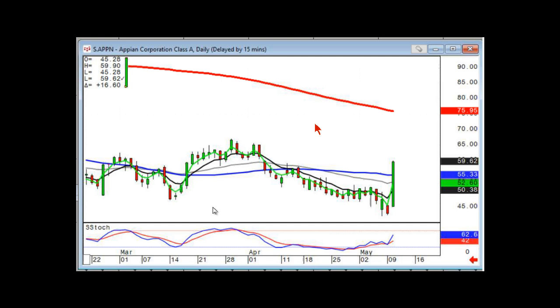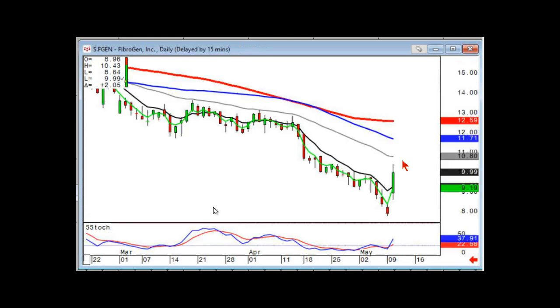Let's see. FGEN, a bullish kicker signal. So, would you be going after these? If you don't like shorting, or if you think the market is, yes, Bob, all these sessions are recorded.